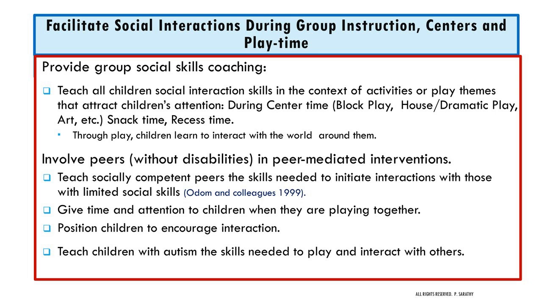Oh, that's great. Anna, oh, you are really working very nicely with Sam. And make this kind of positive so that behavior is repeated again and again when they are working during centers or other times. And position them and teach the children with autism, especially, the skills needed to play and interact with others.